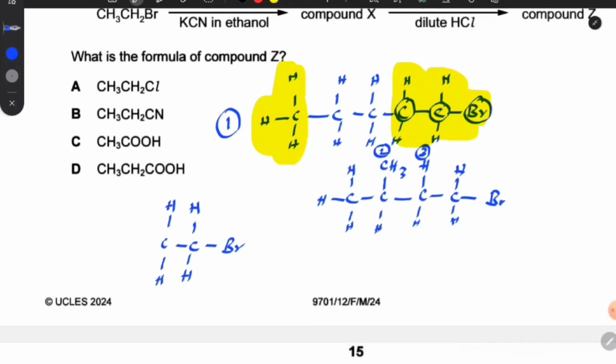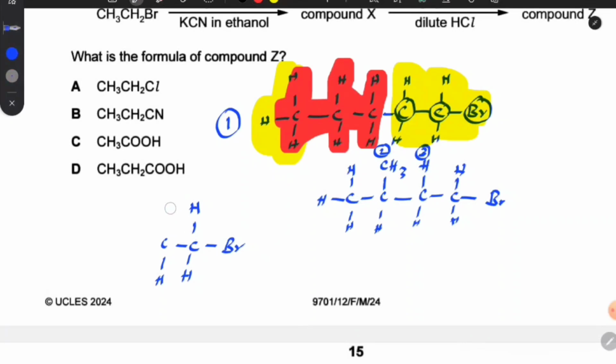Now you can attach these remaining carbons with this carbon in this way, that 1 CH3, 2 CH3, and 3 CH3.